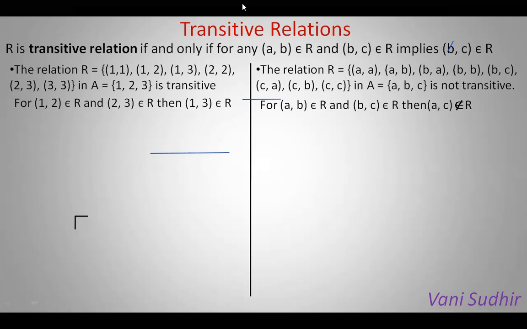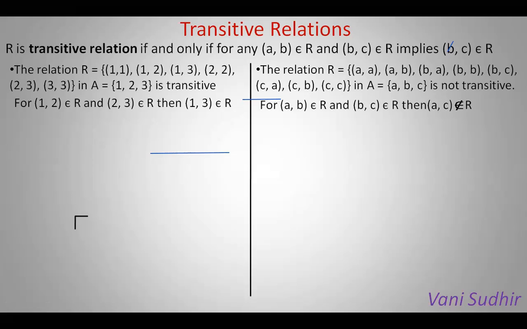Now, only in reflexive you said for every. Here you are saying for any. That means there is no need for all elements to satisfy that condition, not like that. Here, if you see, C comma B is there and B comma A is there.